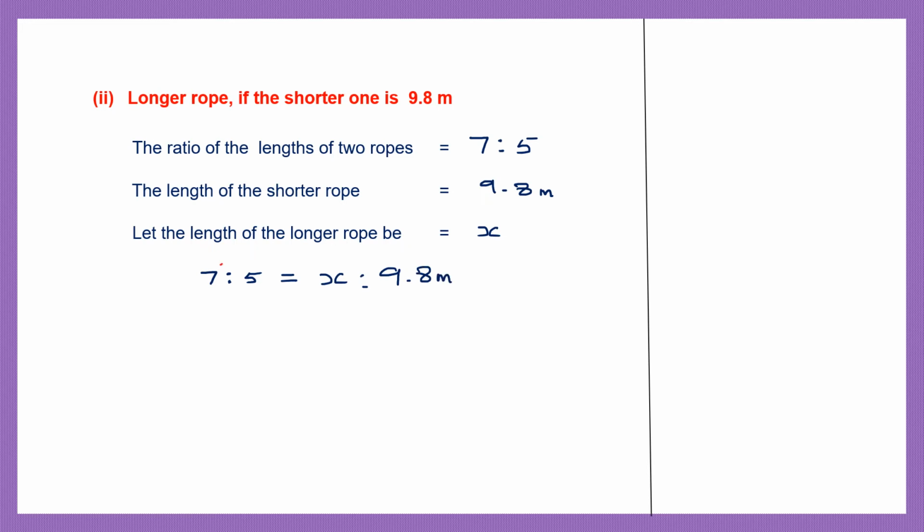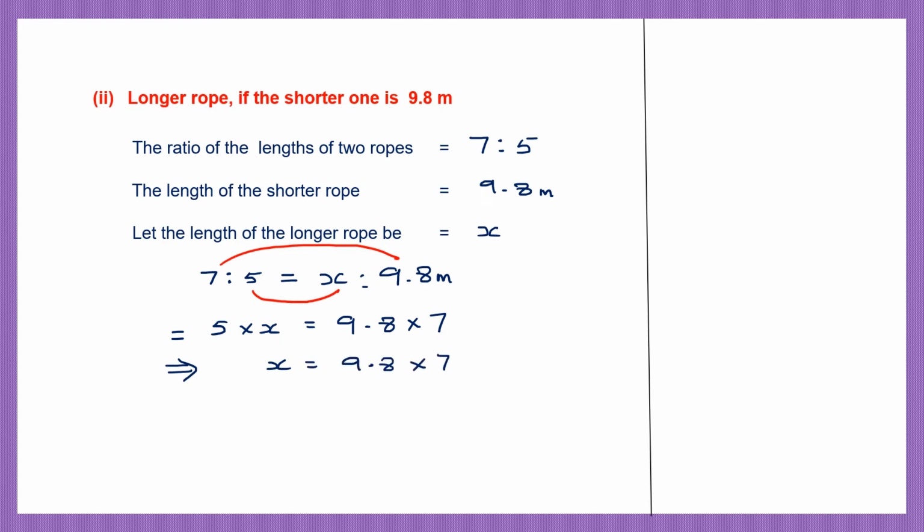Now to find x, product of extremes will be equal to product of means. So this is equal to 5 into x is equal to 9.8 into 7. So to find the value of x, we say 9.8 into 7 divided by 5.